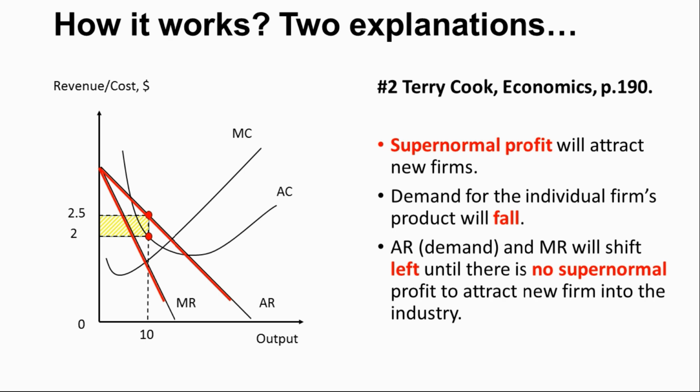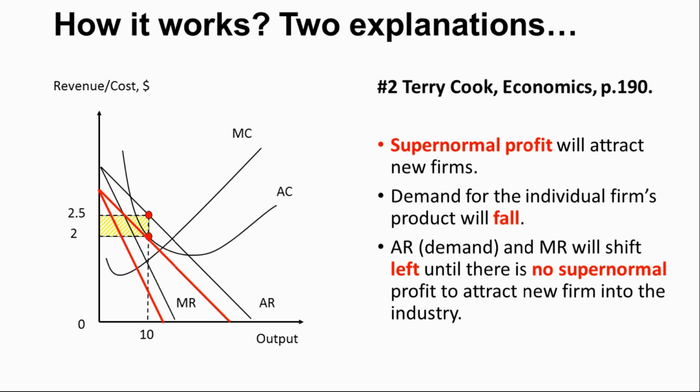Demand falls, and together with marginal revenue. Therefore, they again have the situation where price equals average cost, and thus the company has again economic profit.